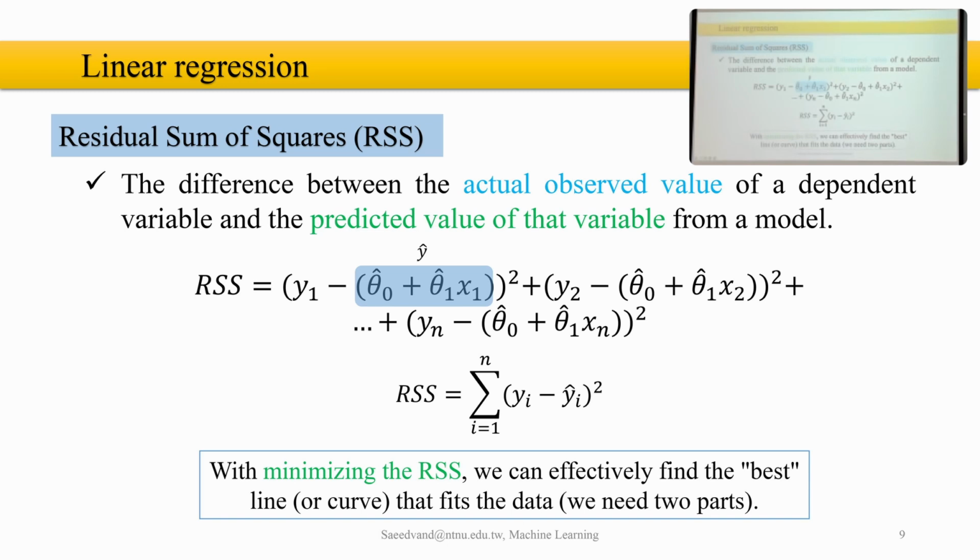The whole objective of our linear regression prediction model is to minimize this error. The line should be somewhere that this value, the RSS, is minimum.